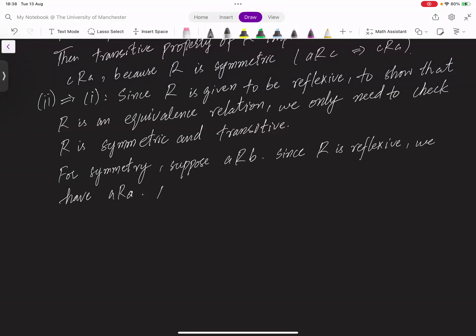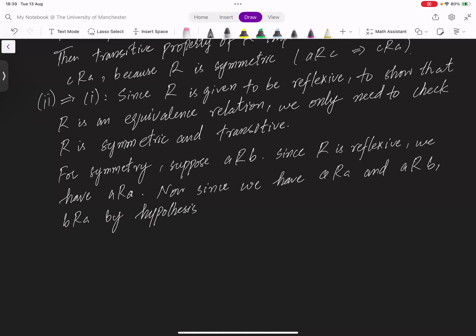Now, since we have a is R related to a and a is R related to b, b is R related to a by hypothesis. This shows that R is symmetric.